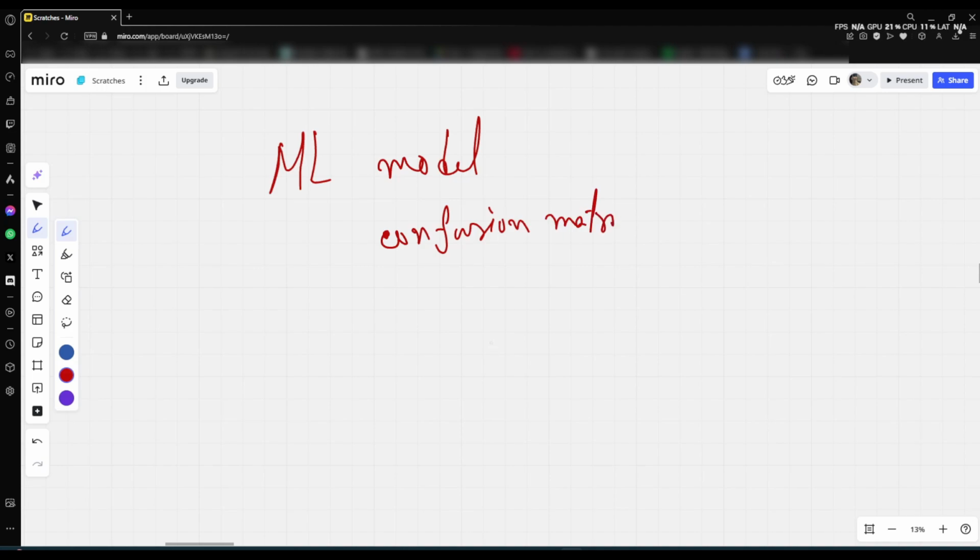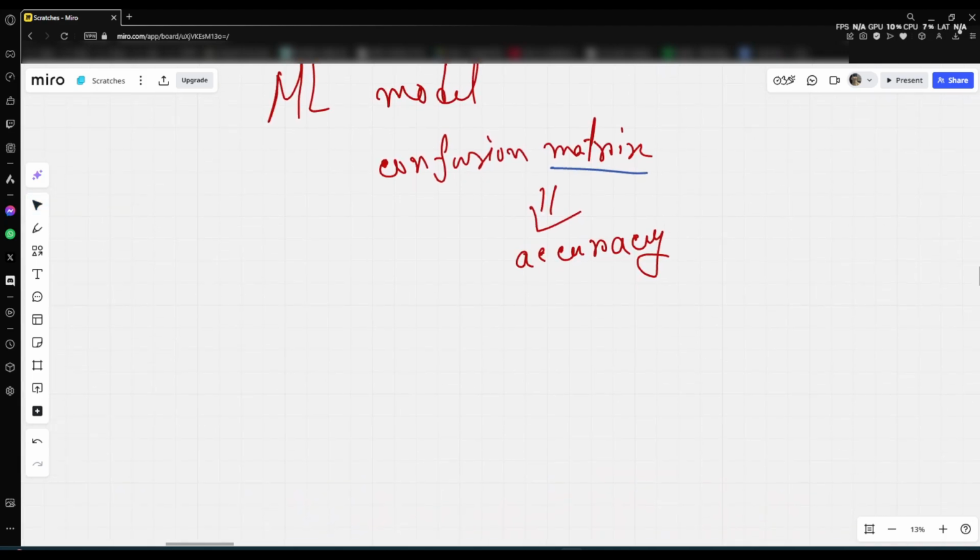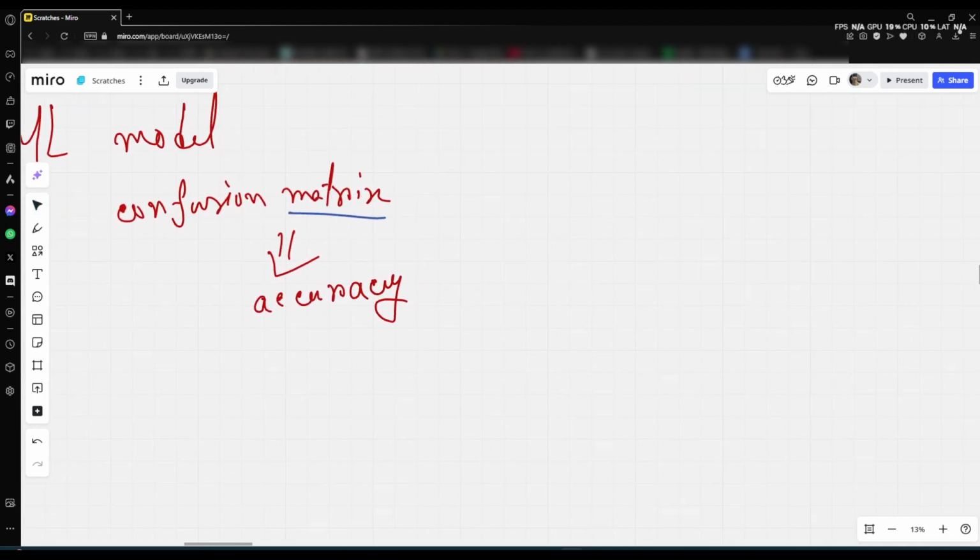And the confusion matrix gives us a percentage of accuracy, like how accurate our model is. So the confusion matrix is basically a matrix, like I have just written here, and this matrix is a 2 cross 2 matrix.